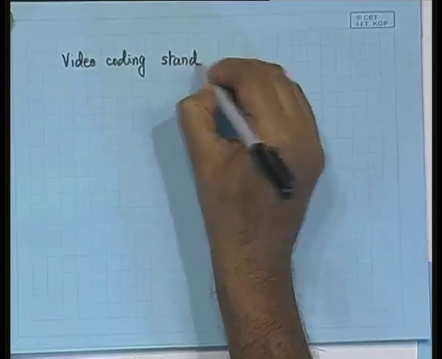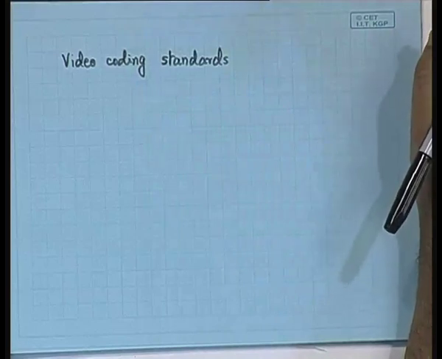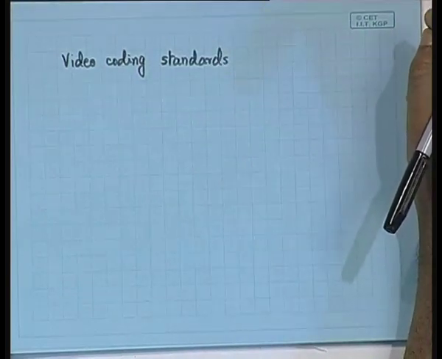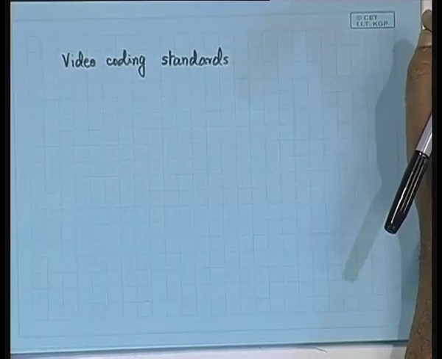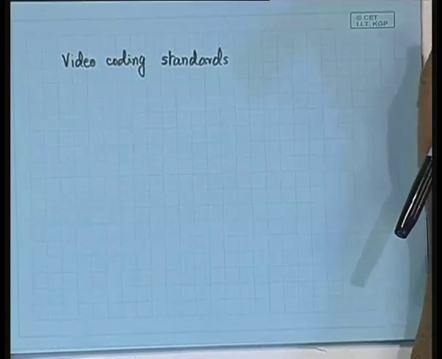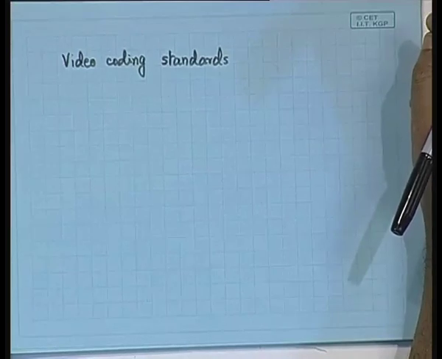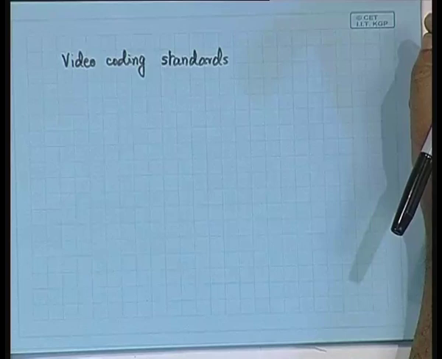In fact, when we talk about video, there are two kinds of perception which people have. One community feels that video would mean only the continuous sequence of images. But there is also another perception where they say that it is not only the sequence of images, but also the accompanying audio part.